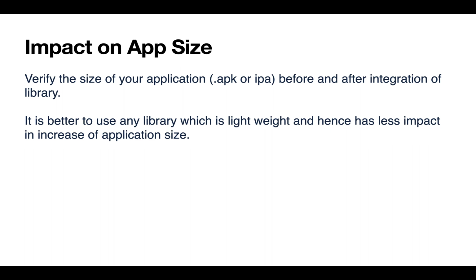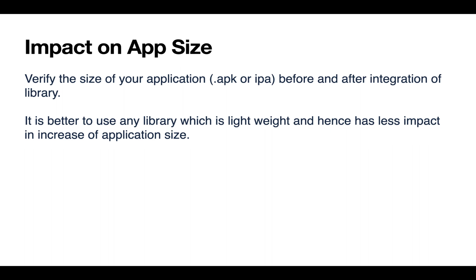What is the impact on build size or application size? For mobile apps, the APK or IPA file is bundled. Inclusion of libraries generally increases the APK size, and for customers, every upgrade or installation can be problematic.